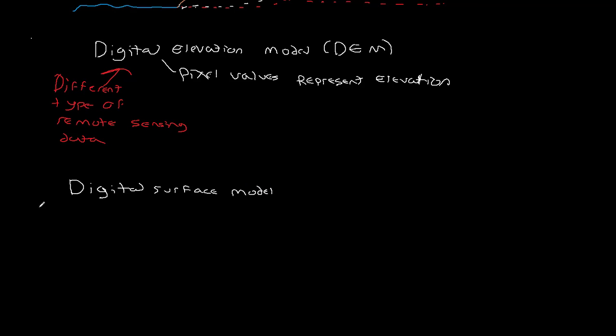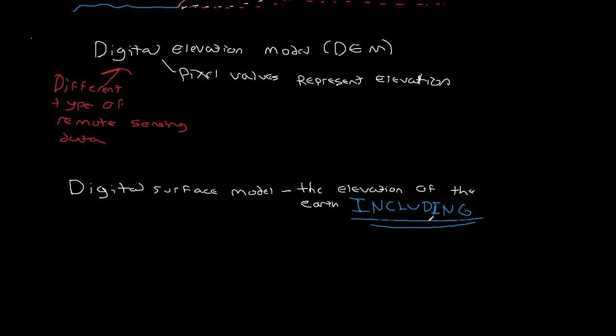With a digital surface model, the pixel values represent the elevation of the Earth, including surface features.